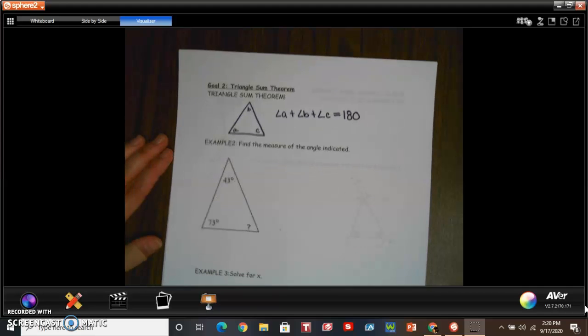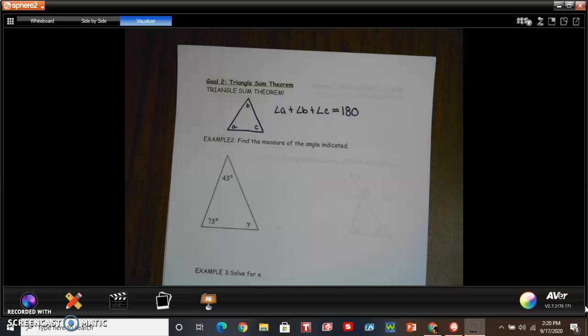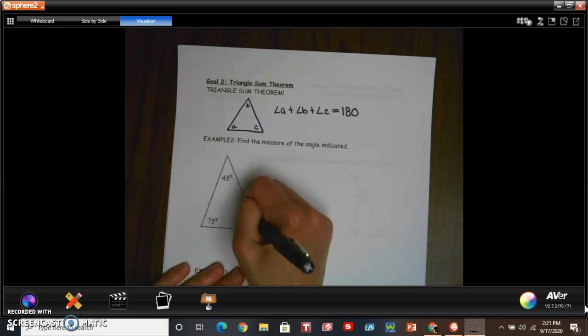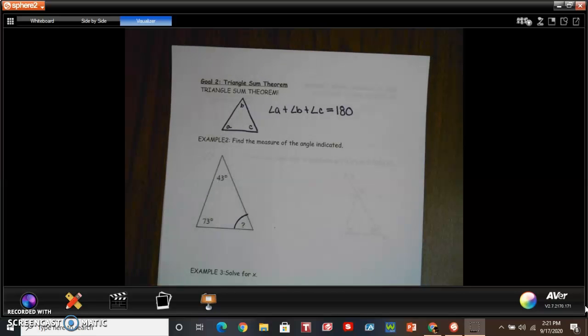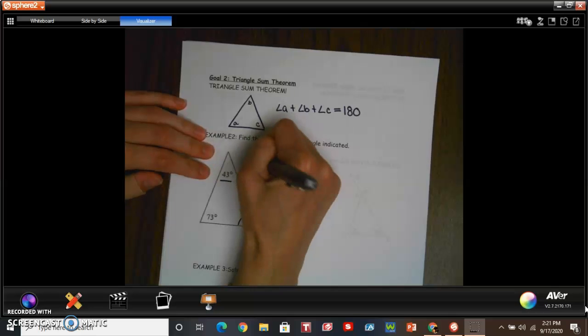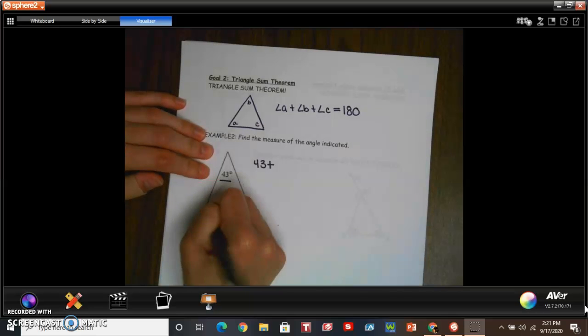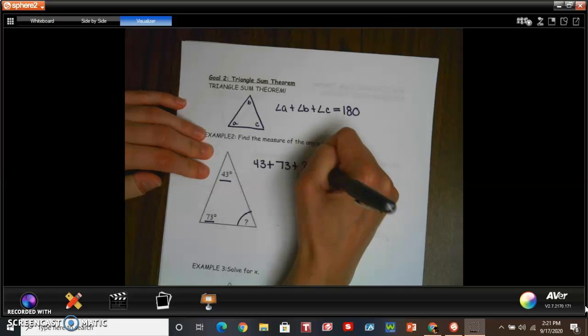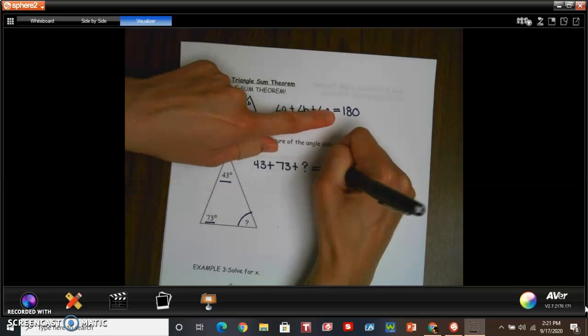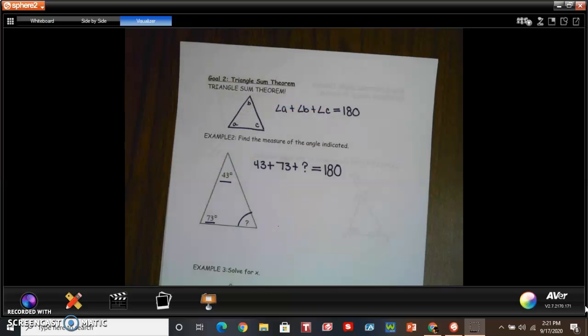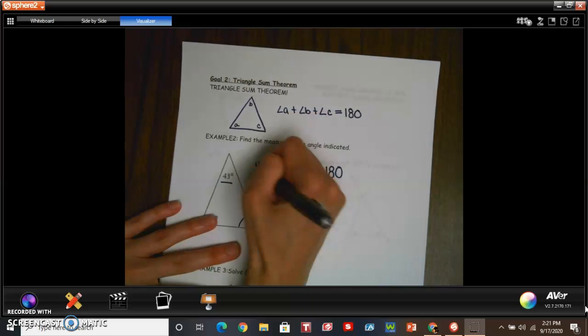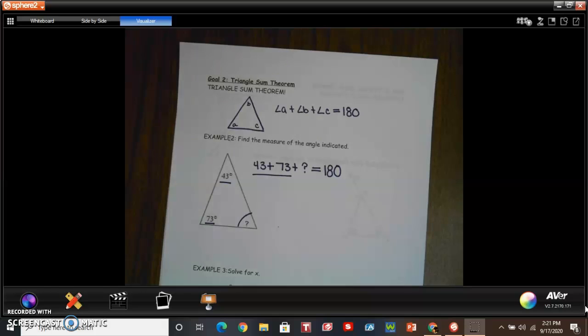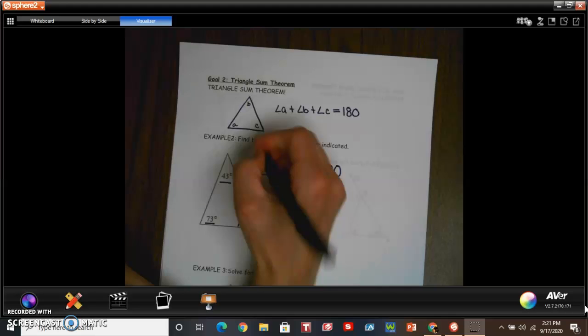So let's do an example. It says find the measure of the angle indicated. So here's the angle they want to know. We have 43 plus 73 plus question mark equals 180. Okay, let's combine like terms and solve for our question mark. So 43 plus 73 is 113, I do believe. Nope, 116.